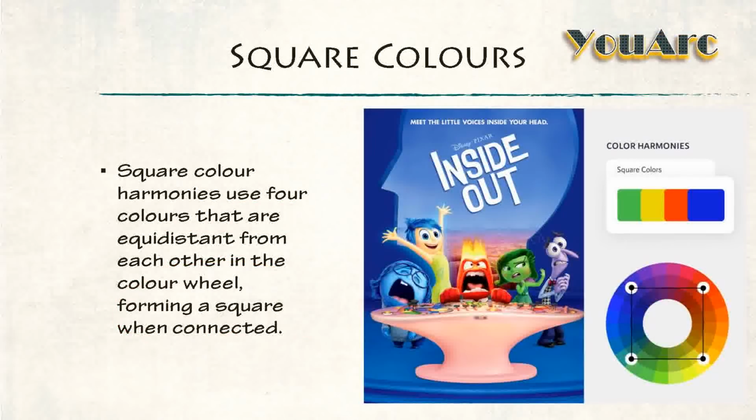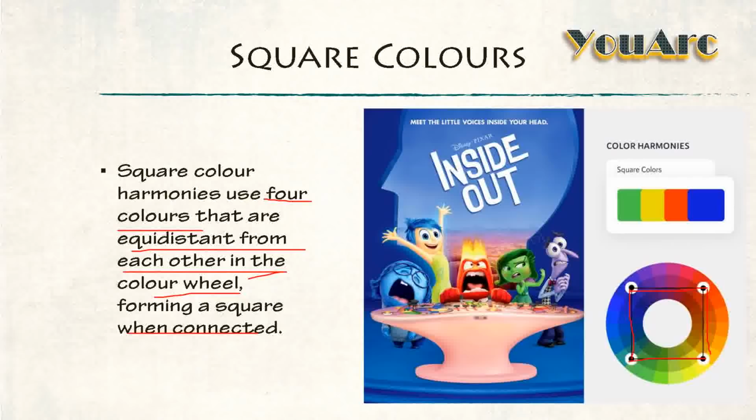Let's see what square colors are. As the name suggests, when we combine these square colors, we get a square on the color wheel. Square colors use four colors at equal distance from each other on the color wheel, forming a square when connected.